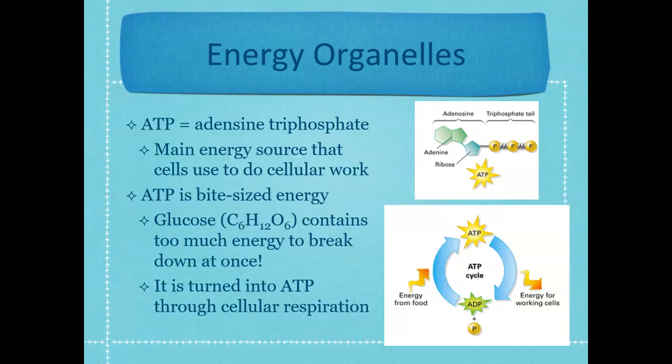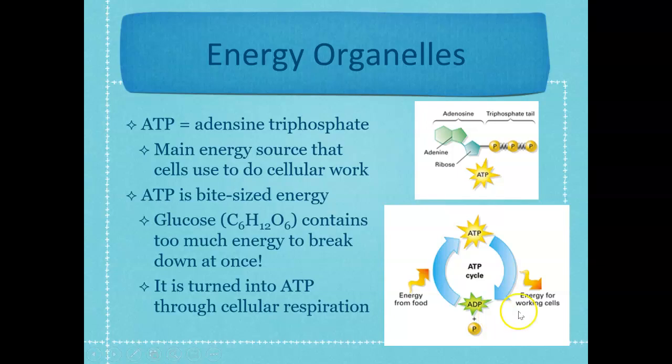Now, here's the thing. Remember we talked about chemical reactions. There's always energy that goes in to break the bonds in those atoms, and then you get energy back when you create the products. So when your cells do this thing called ATP cycling, I take that ATP, I break off a phosphate group and make a molecule called ADP plus the phosphate.